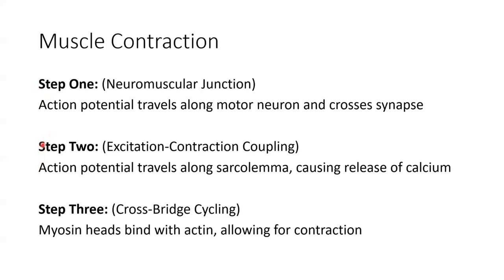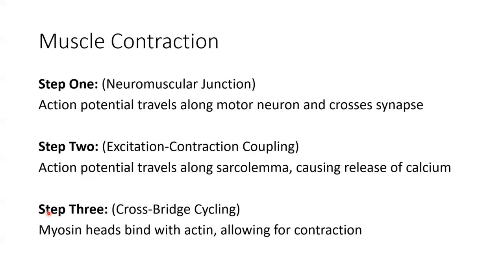The second step of a muscle contraction is excitation contraction coupling. And so this occurs when the action potential has crossed the synapse, it's reached the plasma membrane of the muscle, and it causes release of calcium within that muscle. Step 3 is then cross-bridge cycling.